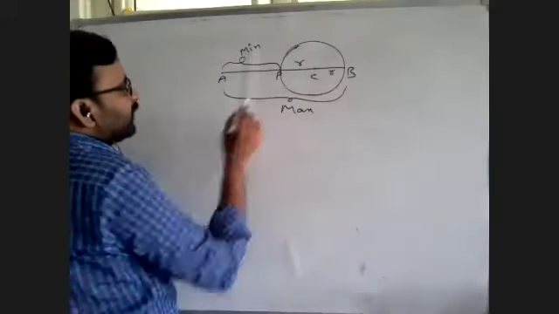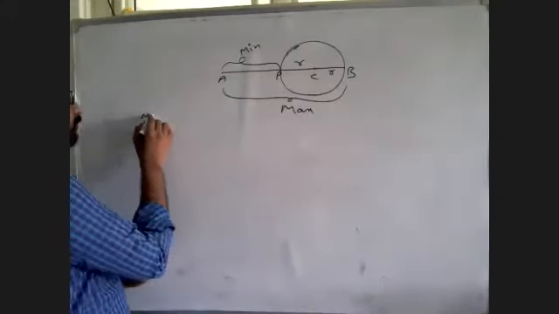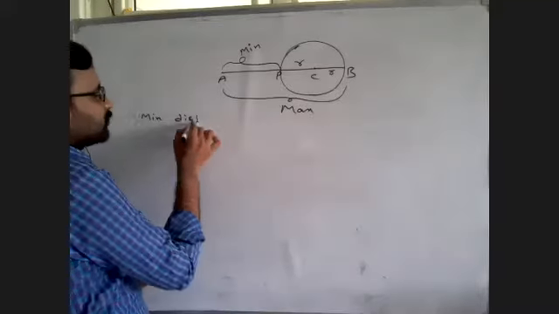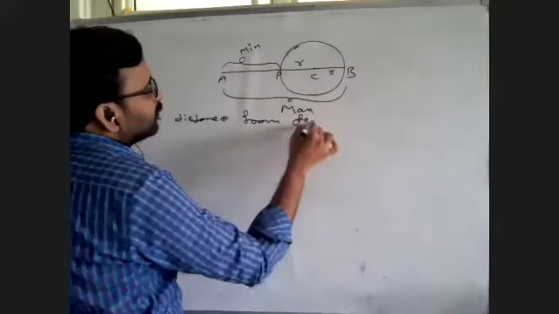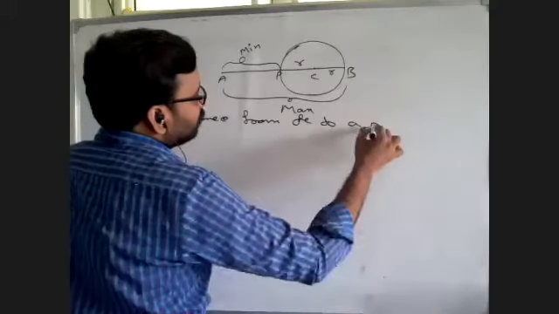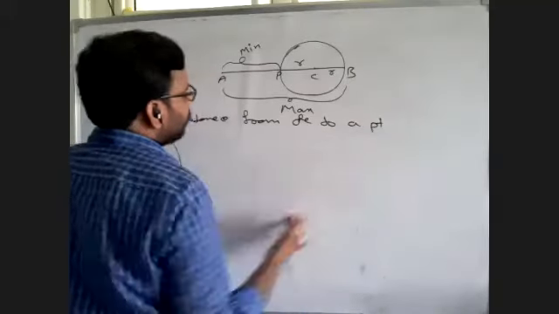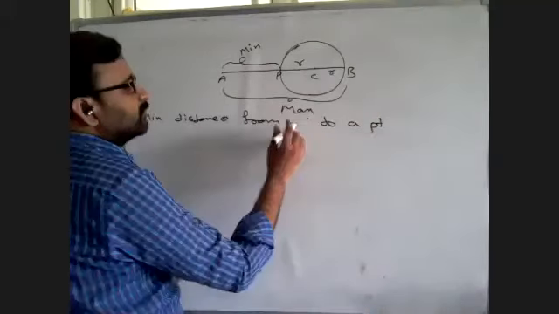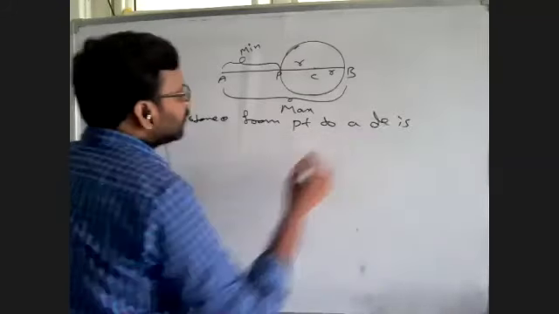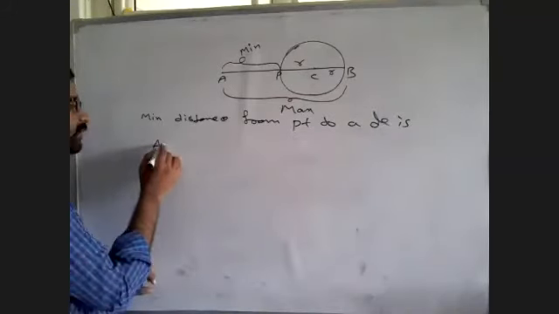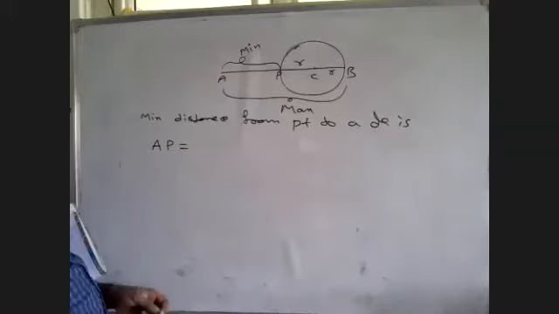Now, how will you find AP? The minimum distance from a point to the circle, we have to find AP.